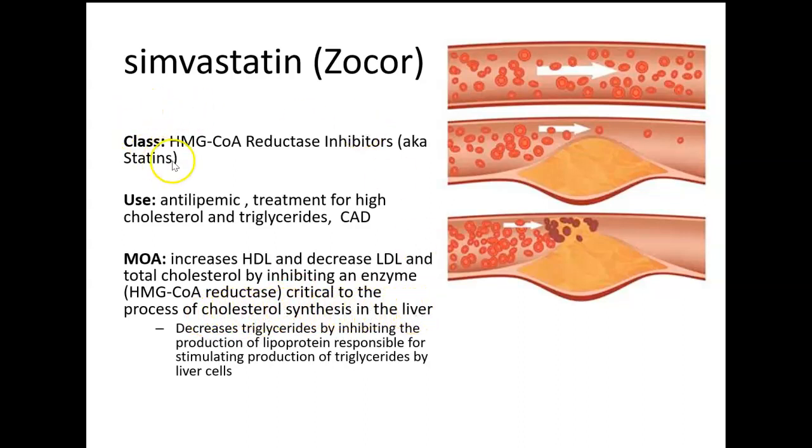So if you don't have this enzyme, then you can't make cholesterol, and that's good. That decreases the amount of cholesterol in the blood. It also increases the high-density lipoproteins, which we want. Remember, highs you want to be high. And decreases the low-density lipoproteins, which you want to be low.